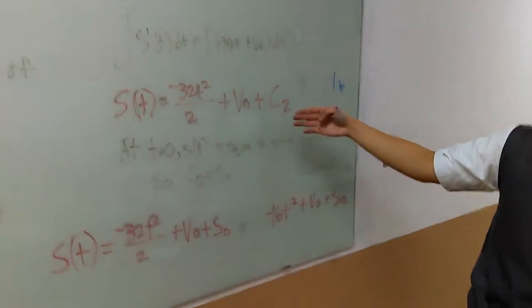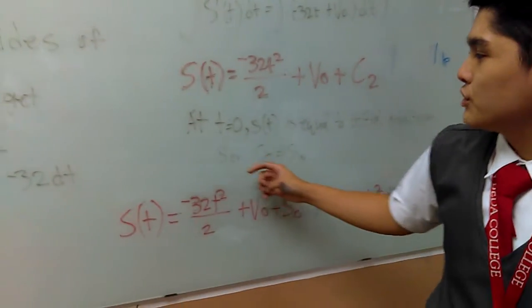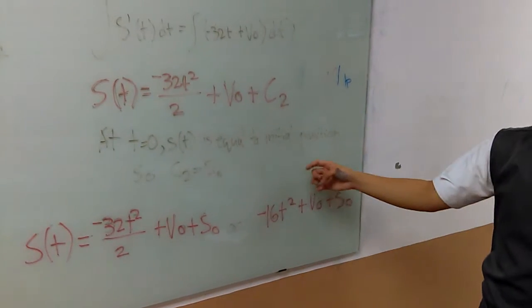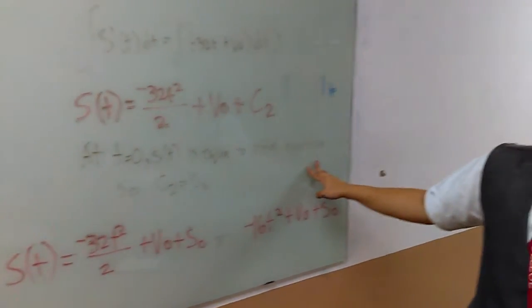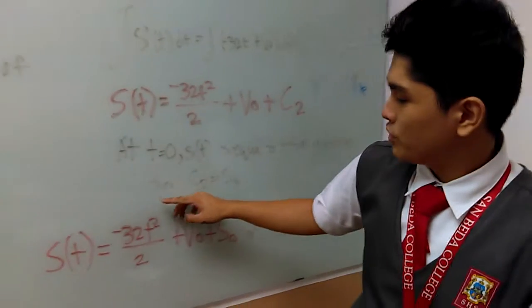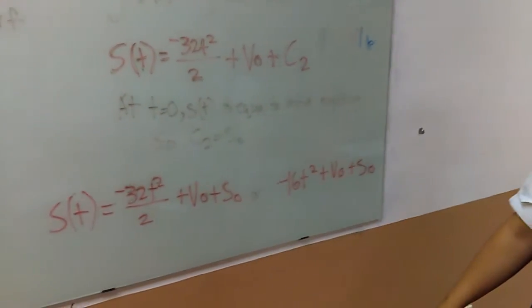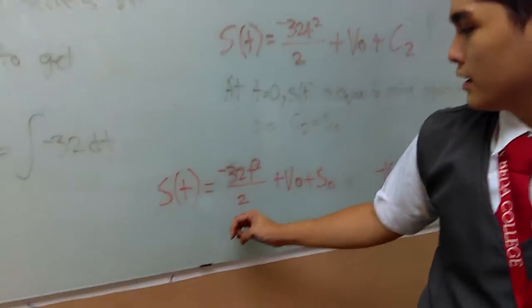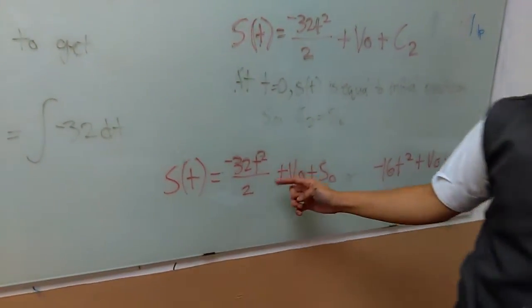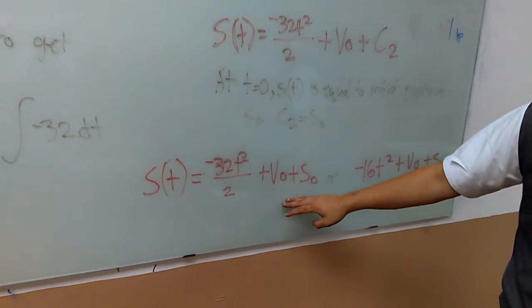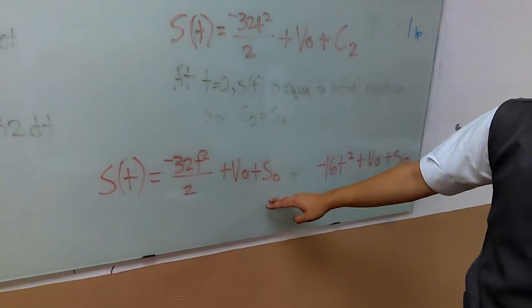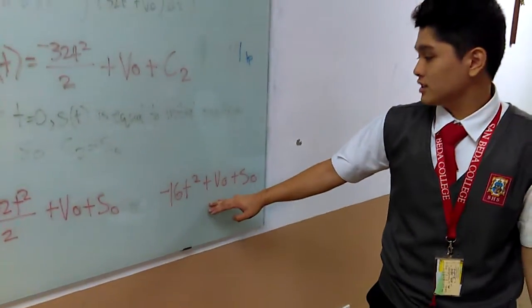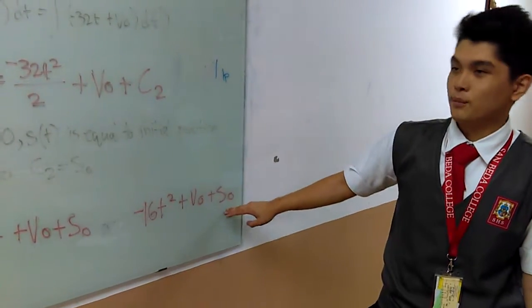And to get constant sub 2, at time 0, the distance is equal to the initial position, which we will symbolize as s sub 0. So the final equation would be negative 32t squared over 2 plus initial velocity times t plus initial position, or if we simplify, negative 16t squared plus initial velocity times t plus initial position.